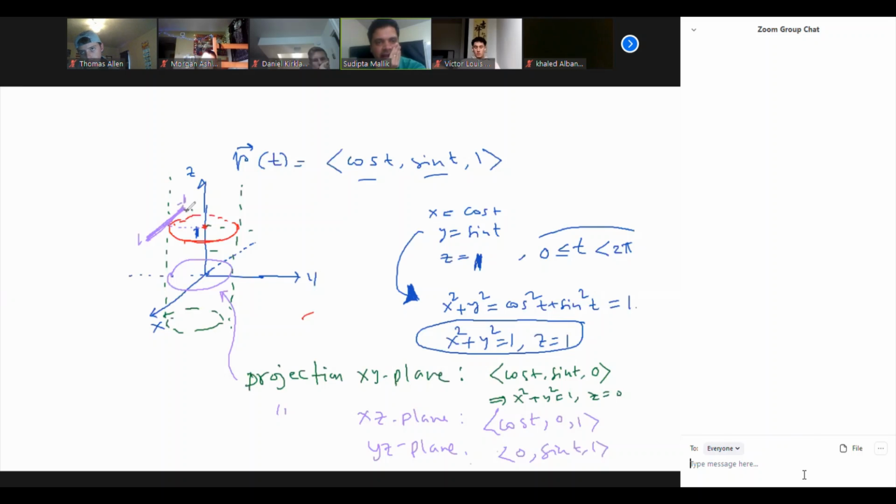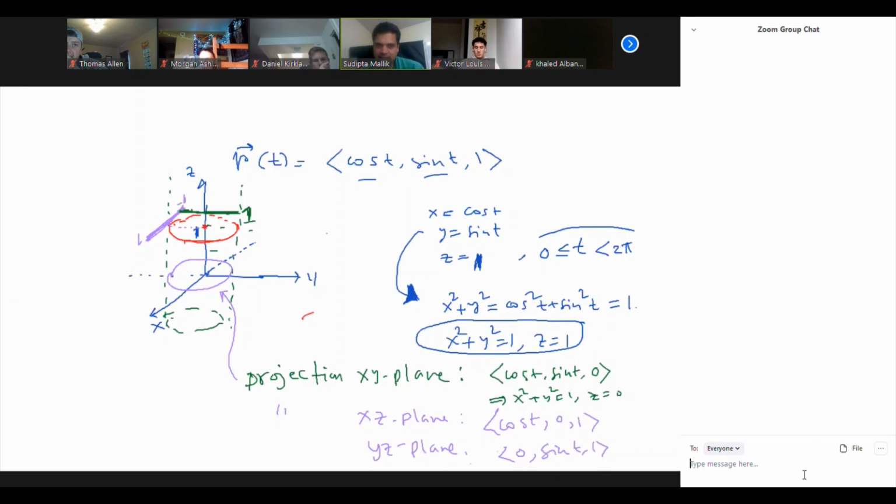This line that goes from negative 1 to 1, parallel to the y-axis. Does that make sense? If you just project a circle to the side, the shadow would be just a line, right? From the side you get a line, and if you project vertically, then the shadow would be a circle again. So that's how you visualize sometimes using the projection.